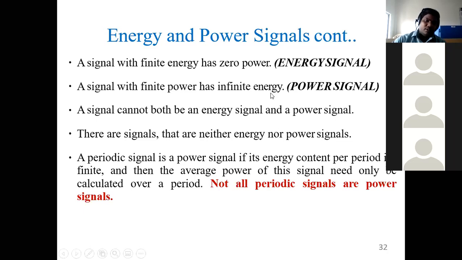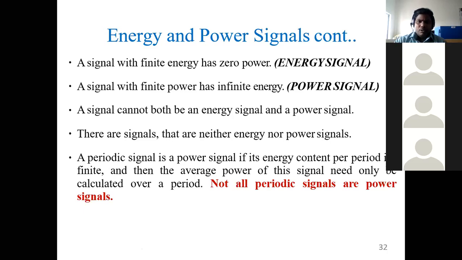Sometimes this point is applicable. There are signals that are neither energy nor power signals. Some signals are sometimes energy signals and sometimes power signals, which we will see by explaining problems. A periodic signal is a power signal if its energy content per period is finite, and then the average power of the signal need only be calculated over a complete time period.